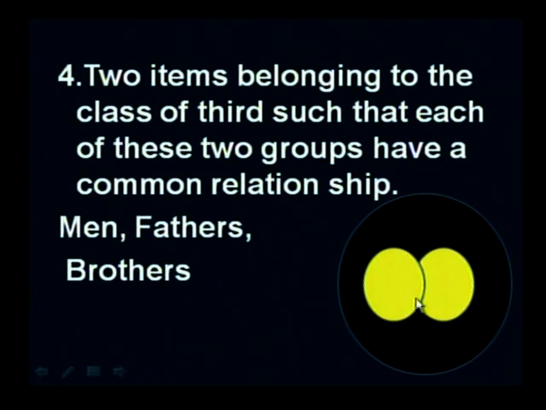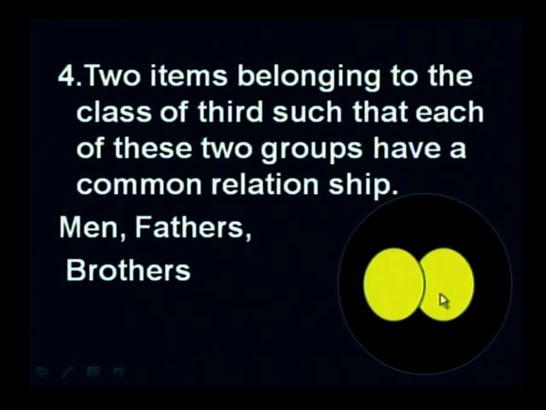Two items belonging to the class of a third item such that each of these two groups have a common relationship. Unlike tables and chairs, here there is an intersection: some of the items of this type can be this, some of the items of this type can be that, but again these two belong to a third set. Say you take men as your superset, then you have fathers and you have brothers.